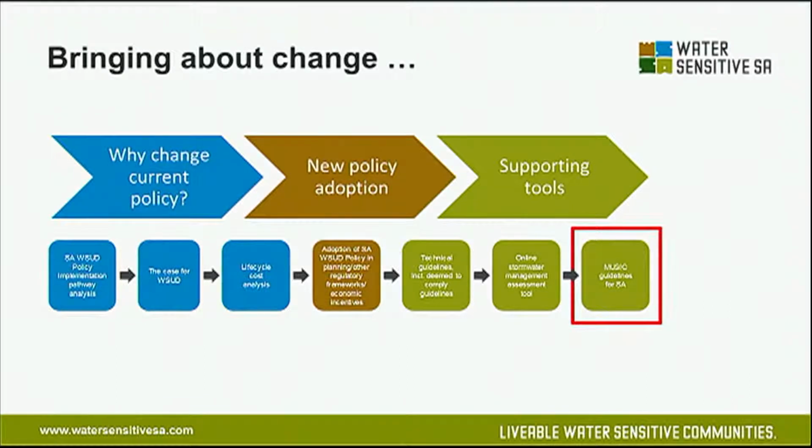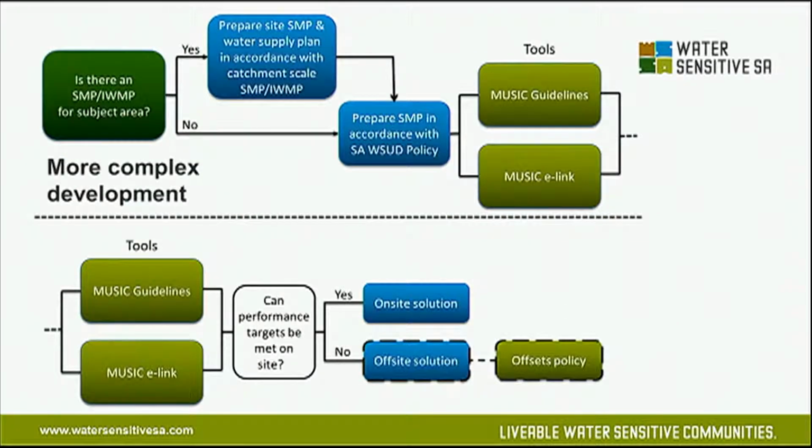And then looking forward to the more large scale, like the greenfield councils, looking at developing MUSIC guidelines for SA. So in a more complex area, obviously, we're hopeful that you would have an integrated water management plan or a stormwater management plan for that growth area. May or may not be the case, but a lot of them we hope would.